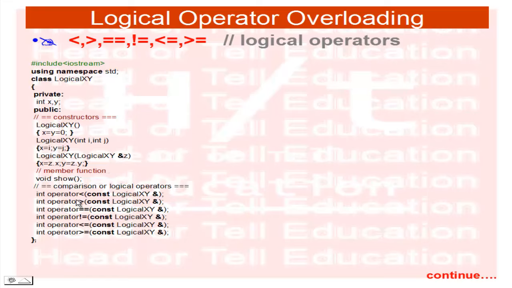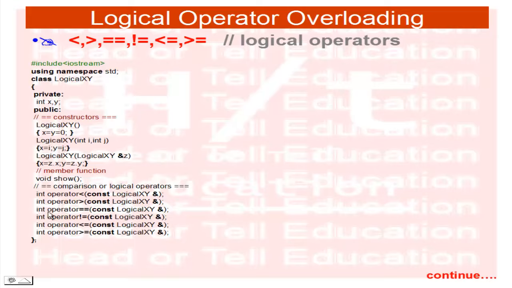Below all, I have created the definitions of the logical operator functions. All logical operator functions have return type integer, because you know the logical value is 0 or 1, so we always have to return logically 0 or 1.